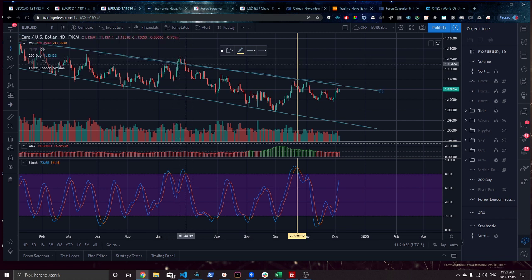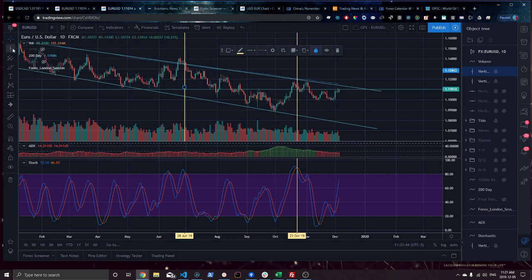Especially like here, this went outside our 200 MA. It's a very clear-cut signal that we have some momentum going the other way, right? So let's plot that right at that line here, and we'll plot this at this line here.